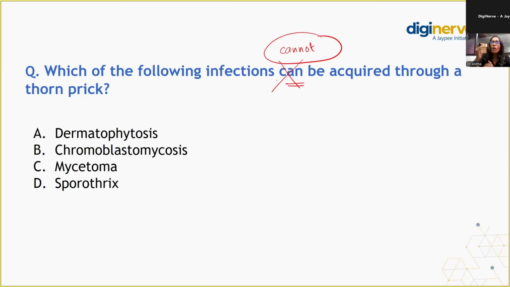All the agents causing subcutaneous mycosis can be acquired through a thorn prick, that is sporotrichiosis, chromoblastomycosis, and mycetoma.